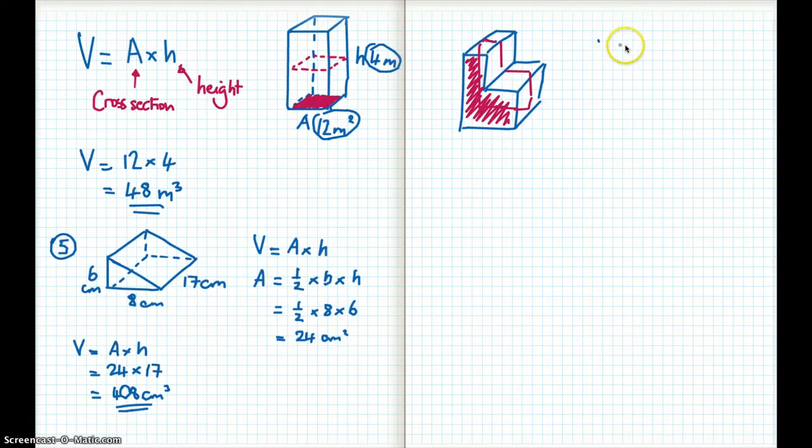So all we have to do there again is volume equals area times height. So that's the area of this bit times how long it is. And that's the way we work out the answer. So have fun doing the questions yourself.